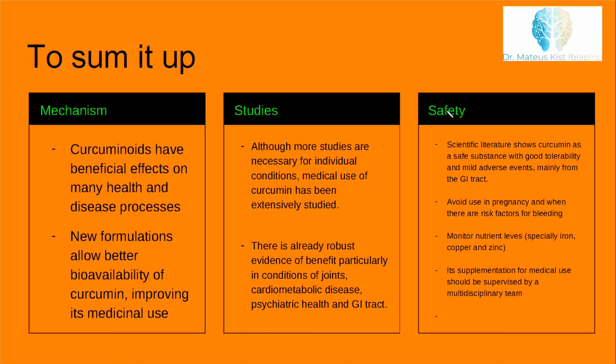And about the safety of curcumin supplementation, scientific literature shows that curcumin is a generally safe substance with good tolerability and mild adverse events, mainly from the gastrointestinal tract, like nausea. It's best to avoid its use in pregnancy and when there are risk factors for bleeding. It's advisable to monitor nutrient levels, especially iron, copper, and zinc.